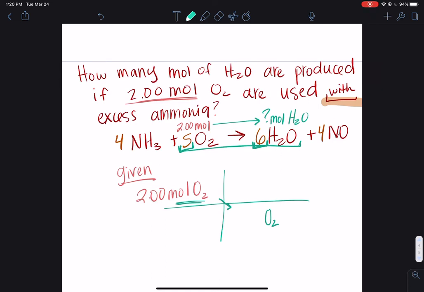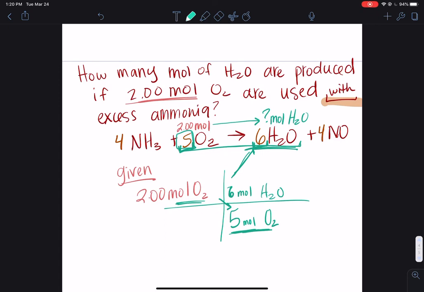Now, this can be written 2 different ways. Since oxygen's on bottom, this 5 goes with oxygen. Some people are just going to put 5 O2, but you can also put moles if that makes you feel better. And since I'm trying to get to water, I want to put water on top. What number goes with water? That is the number from the equation, because that's saying that 5 moles of oxygen are turning into 6 moles of water when it's reacted in this equation.